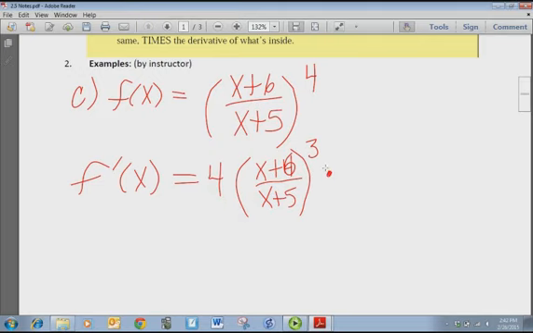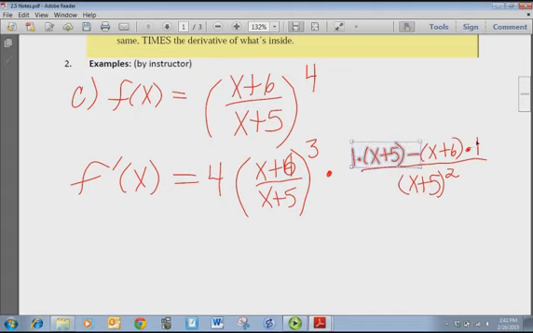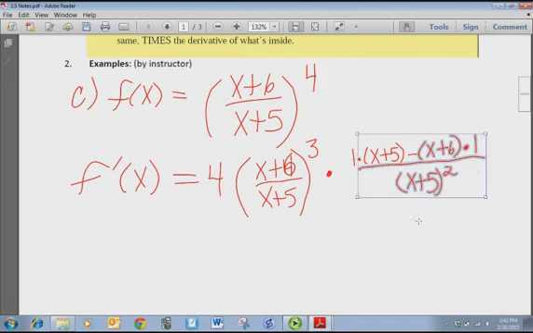The derivative of the inside, though, is the quotient rule. So it's the derivative of the top, which is 1, times the bottom, which is x plus 5, minus the top times the derivative of the bottom, which again is 1, all over the bottom squared. And of course you don't really want to have those 1s there, so you can cross those out.